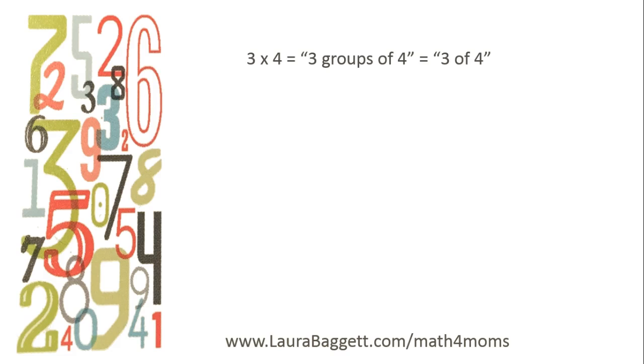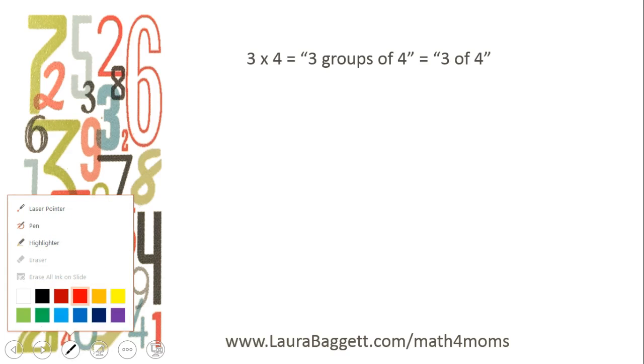Let's talk about multiplication that we may be more familiar with, just integer multiplication. 3 times 4. Now, we all know that the answer to that is going to be 12, but let's think about what that really means. 3 times 4 can be thought of as 3 groups of 4 or 3 of 4.